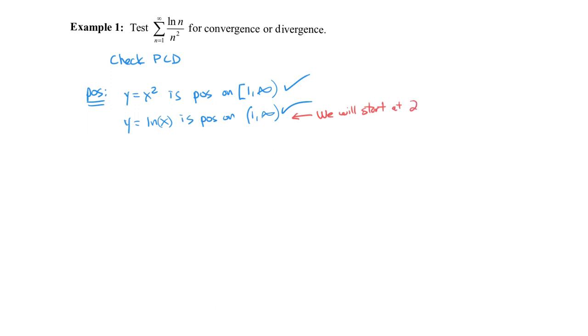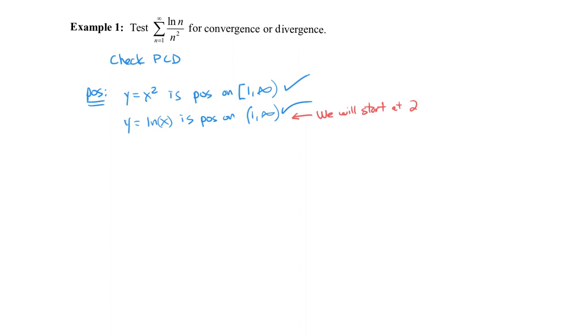Which is okay, because if we're checking this for convergence or divergence, starting at 1 or starting at 2, I'm just going to have one less term. But remember what we talked about, that won't affect convergence or divergence. I can't add one term to a number and turn that number into infinity, right? So we're just going to start at 2 for this part, to make sure everything's positive.